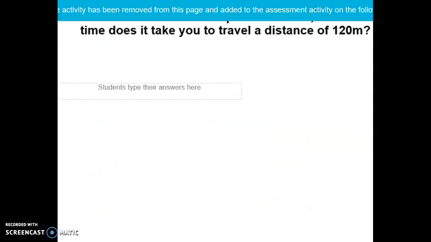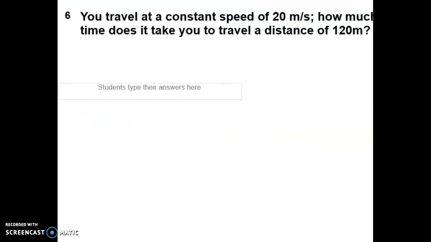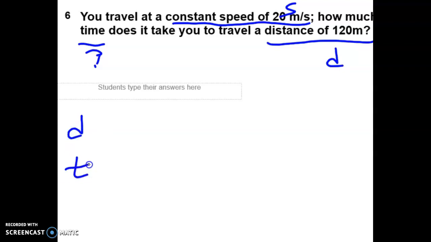It's going to be a new type of problem. In this problem, we're going to be looking for time. We travel at a constant speed of 20 meters per second. How much time, question mark, does it take to cover a distance of 120 meters? So let's identify distance, time, and speed. The distance we go is 120 meters.